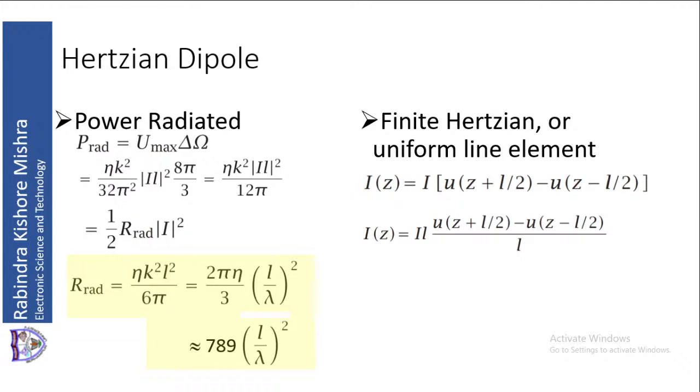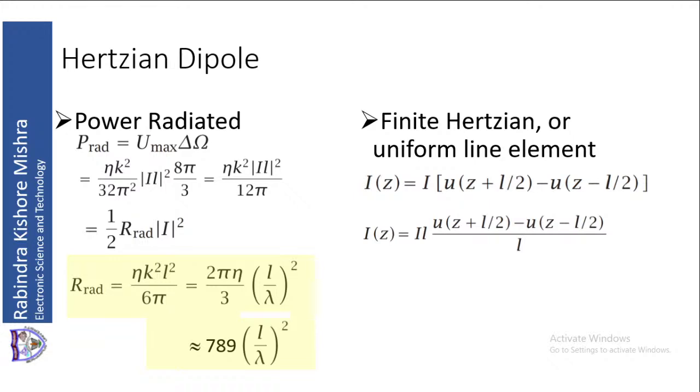A small antenna is something between a Hertzian dipole and a larger antenna, where the length L should be less than lambda by 10 but greater than lambda by 50. So if the length is less than lambda by 10 and greater than lambda by 50, it is called a uniform line element or a small antenna.